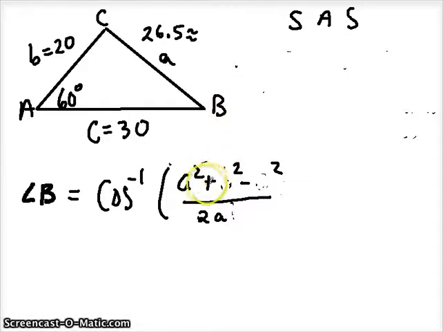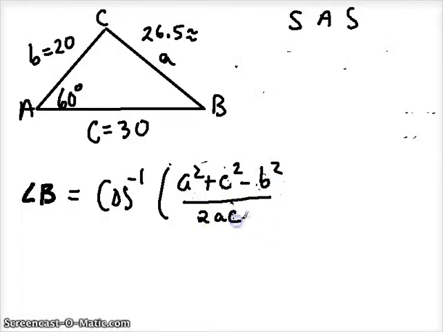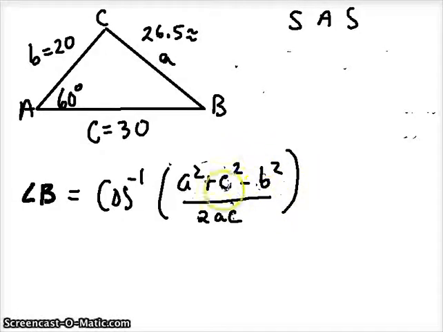So when we set up our equation, law of cosines in terms of angle B, it's the inverse cosine of a squared plus c squared minus b squared all over 2ac. So we can substitute things into this equation and it simplifies our life a little bit. So a squared, we now know, is 26.5.